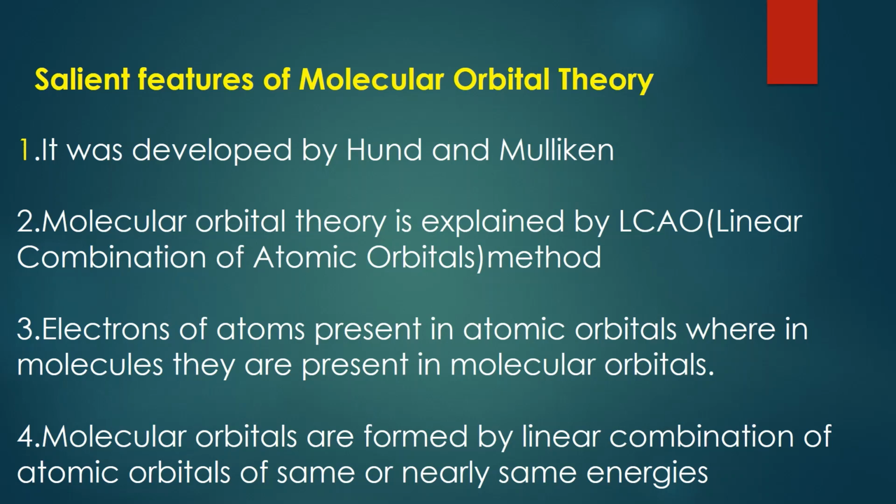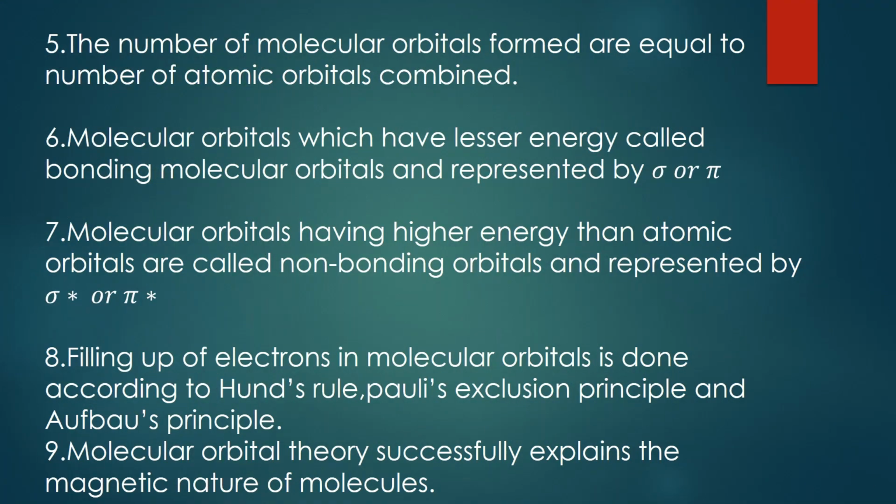Electrons of atoms are present in atomic orbitals, whereas in molecules they are present in molecular orbitals. Molecular orbitals are formed by linear combination of atomic orbitals of the same or nearly the same energies. The number of molecular orbitals formed is equal to the number of atomic orbitals combined.